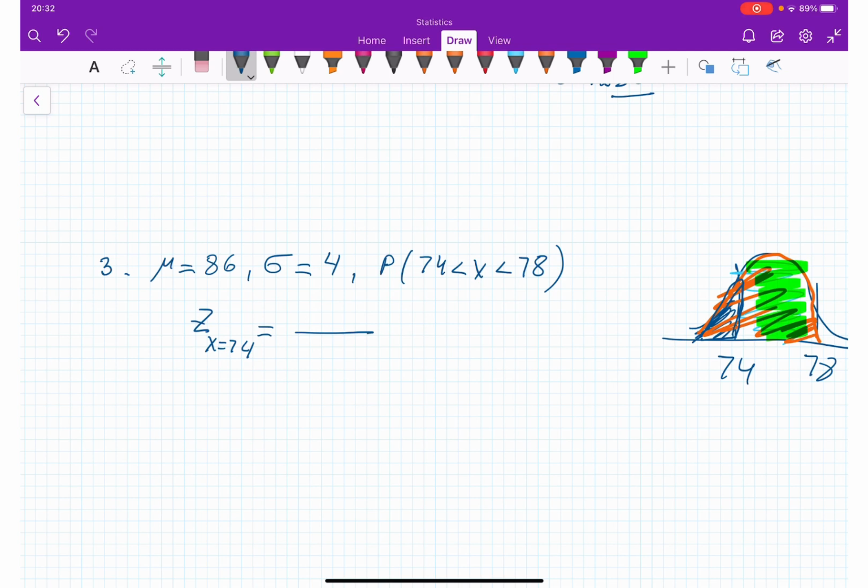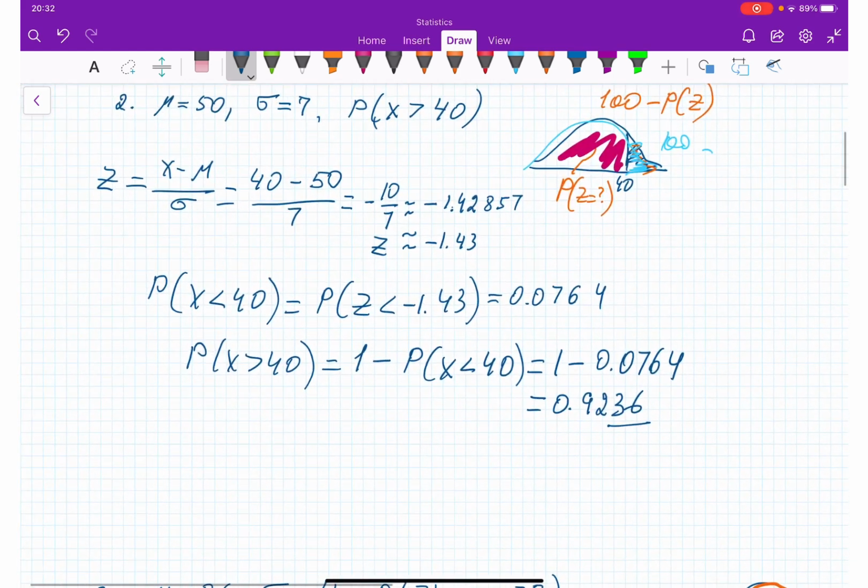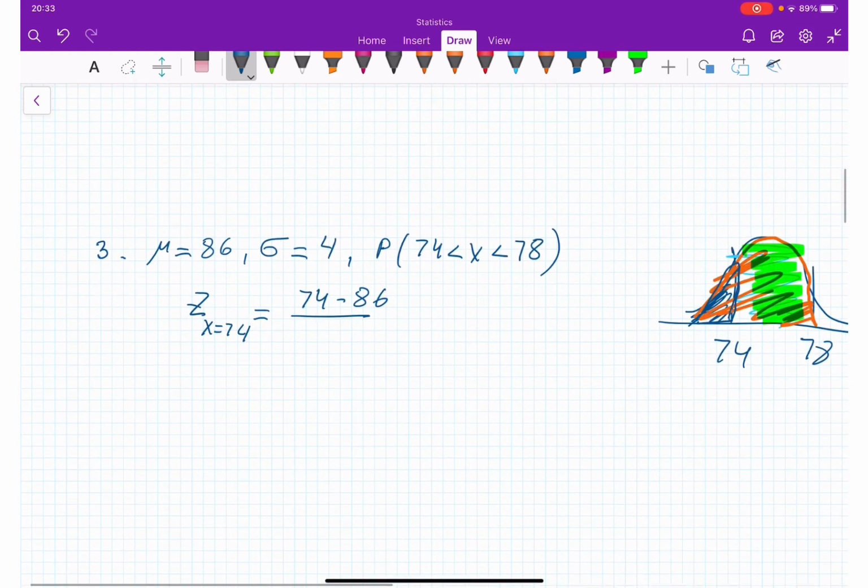So what do we have? X is 74 minus mu is 86. Here we have the formula, remember? x minus mu divided by sigma, and sigma is 4. So let's see, 74 minus 86 is equal to negative 12, yeah?